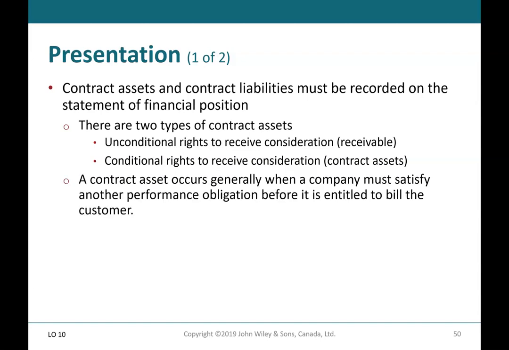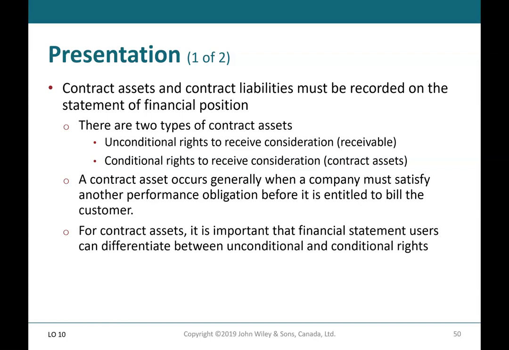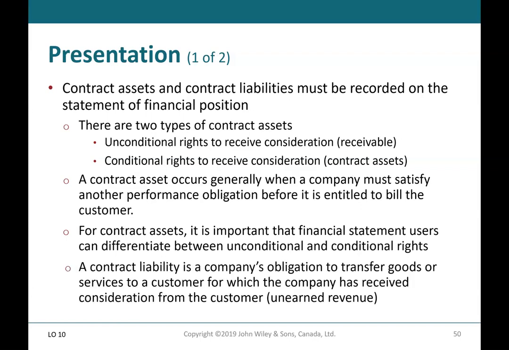A contract asset occurs generally when a company must satisfy another performance obligation before it is entitled to bill the customer. For contract assets, it is important that financial statement users can differentiate between unconditional and conditional rights. A contract liability is a company's obligation to transfer goods or services to a customer for which the company has received consideration from the customer, unearned revenue.